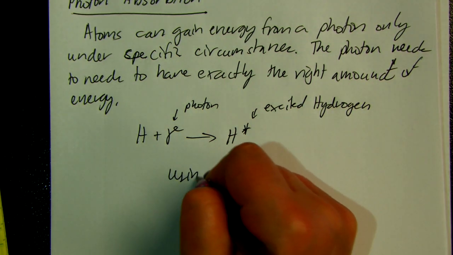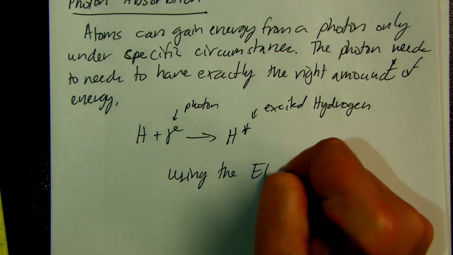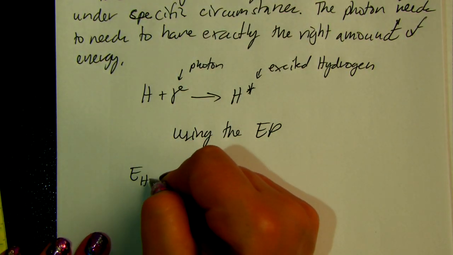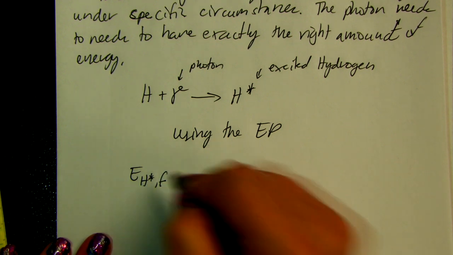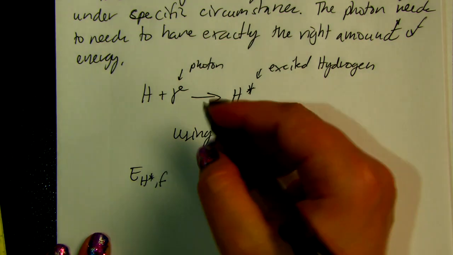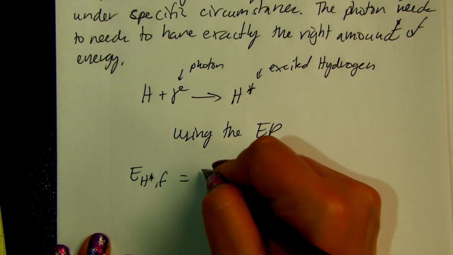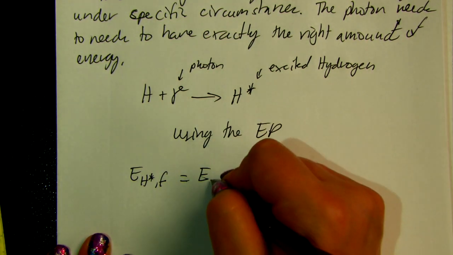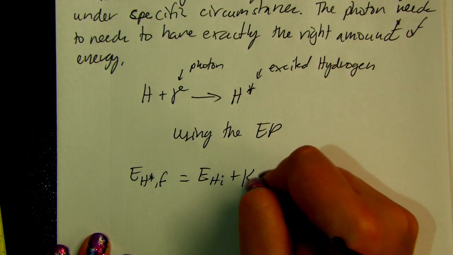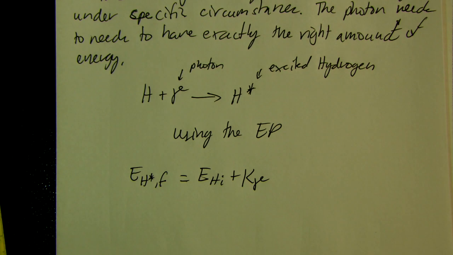And so using the energy principle, you would write that as the final energy state, which is the excited hydrogen, which is the combination of the original amount of energy from the hydrogen plus the photon that it has now eaten. So you have the initial energy of the hydrogen plus the energy of the newly absorbed photon.